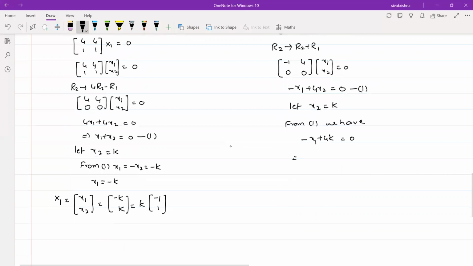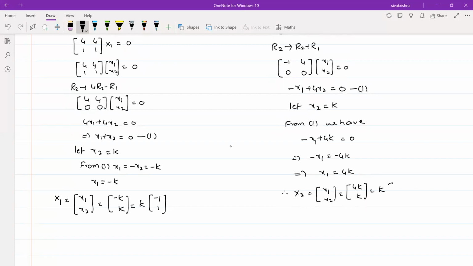So minus x1 is equal to minus 4k, and cancelling minus on both sides, we get x1 is equal to 4k. This is the value of x1. Therefore the second eigenvector we supposed is x1, x2, where x1 is 4k and x2 is k. If you take k common, we get [4, 1].